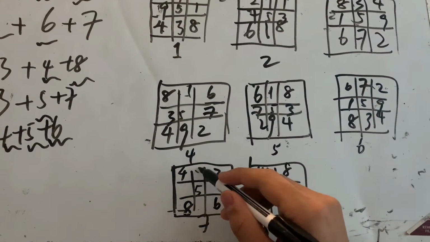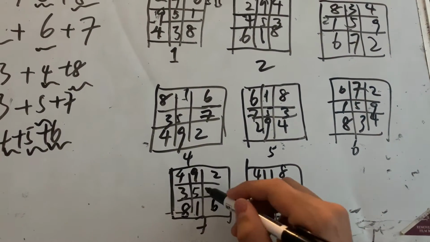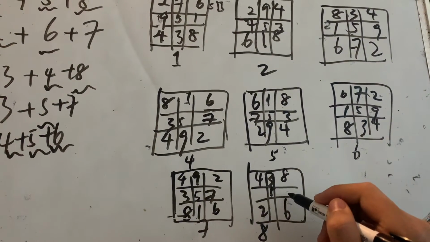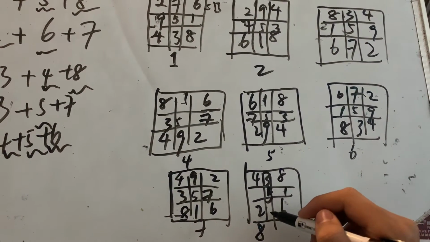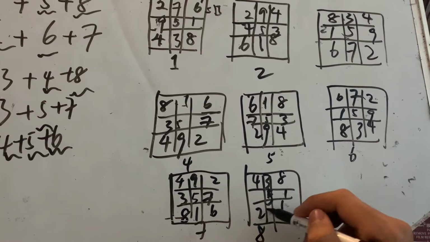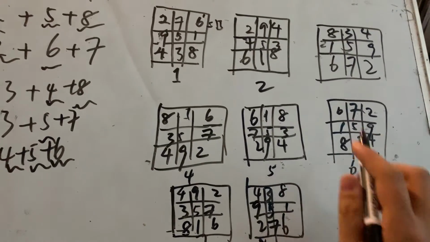And then this type 9, 1, 3, 7. 3, 1, 7, and 9. So those are the 8 distinct cases.